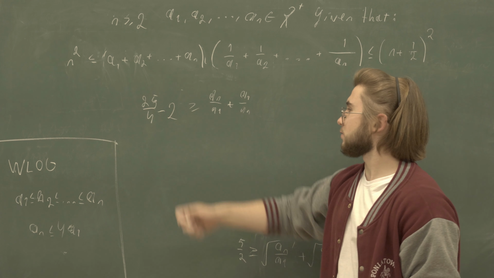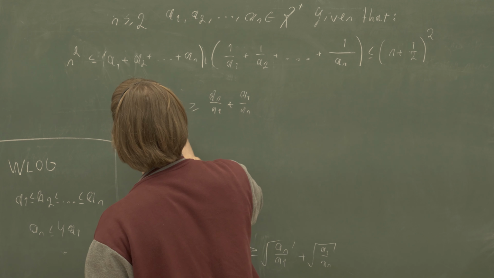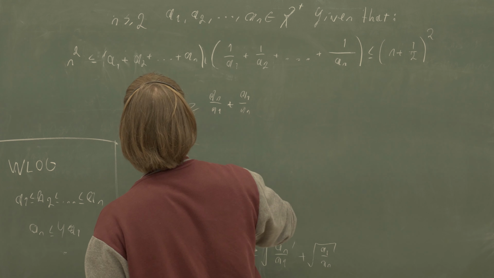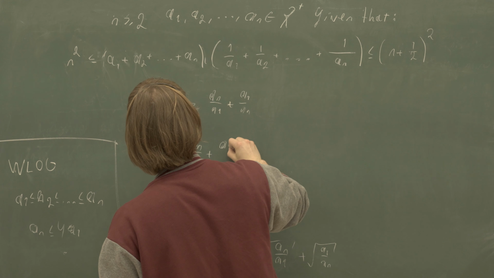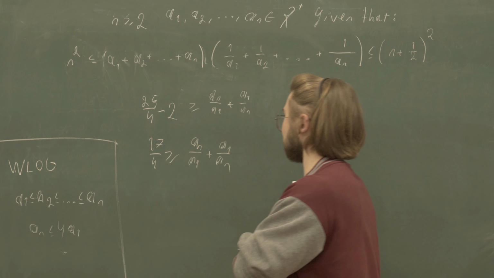So that's going to be 17 over 4 greater than or equal to an over a1 plus a1 over an. Awesome.